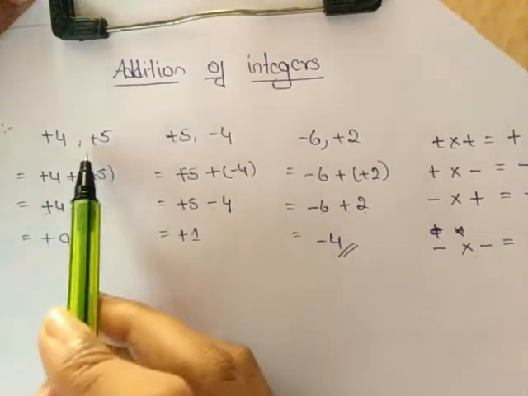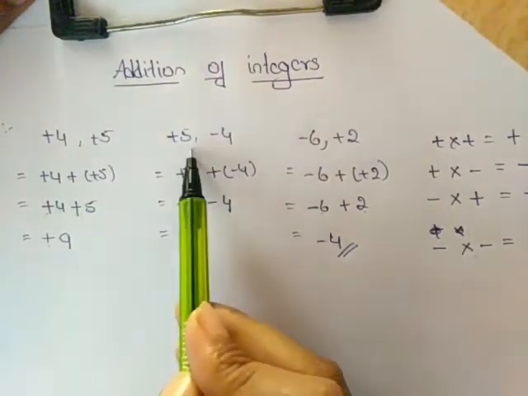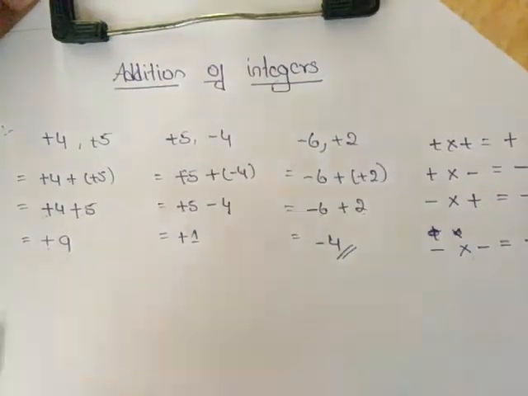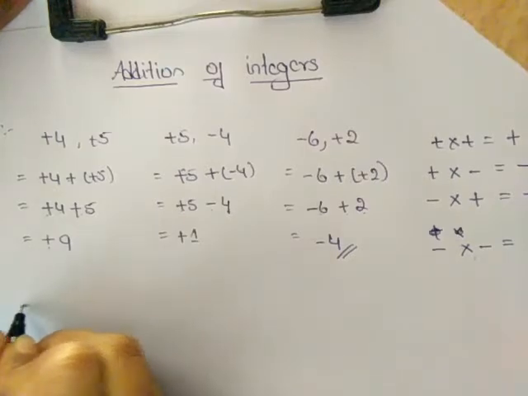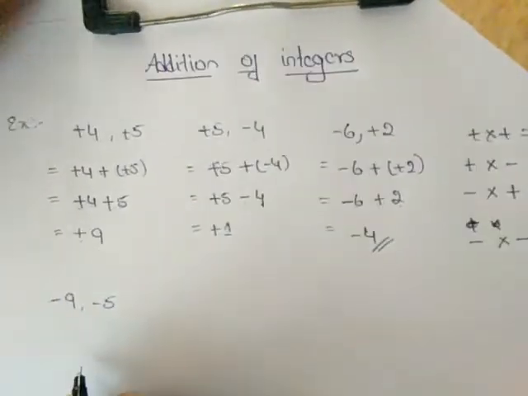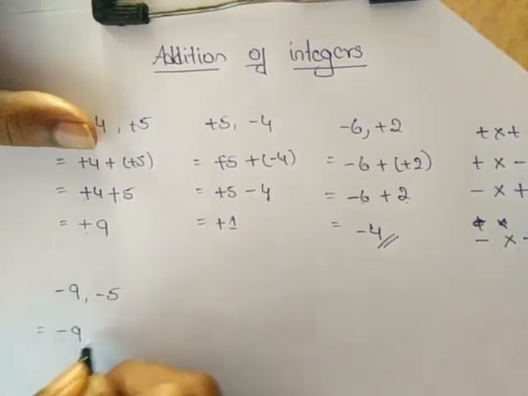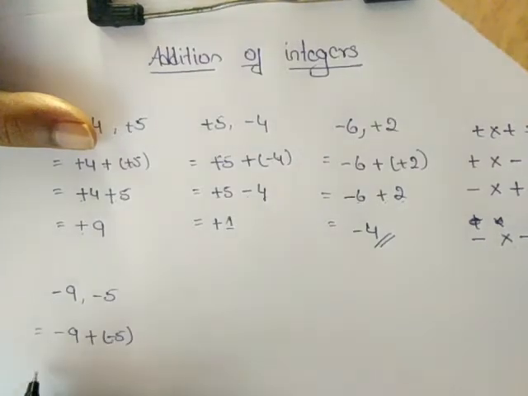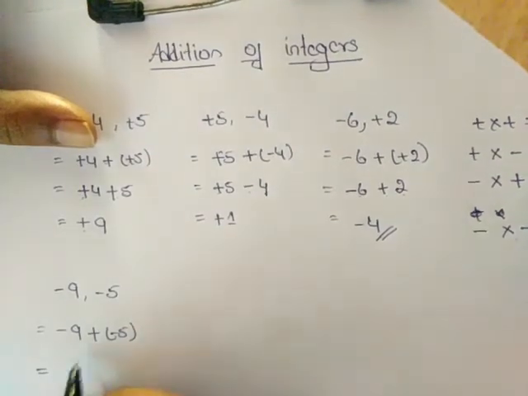Okay, next, here we learned how to add two positive integers, one positive and one negative. Next we'll see how to add two negative integers. Okay, so minus 9 plus of minus 5. Now we'll keep minus 9 as it is.